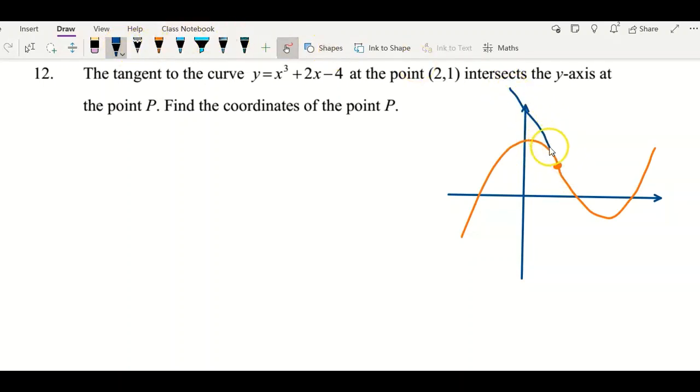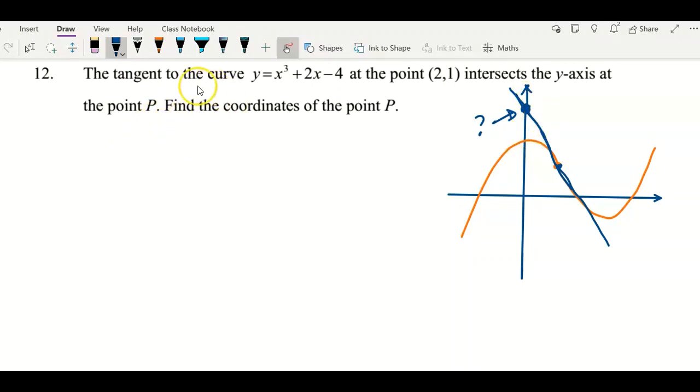The tangent at this point is a straight line which touches this point, and then passes through the y-axis. The question is asking for this point. So our first idea is to get the equation of the tangent first, and then from that equation, we substitute x equals 0. Then you will get the y-intercept.